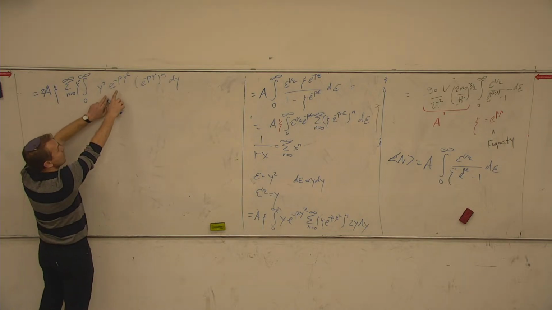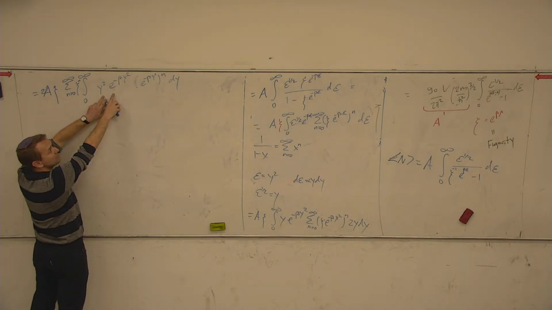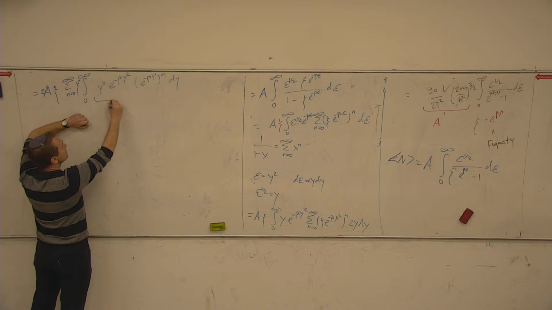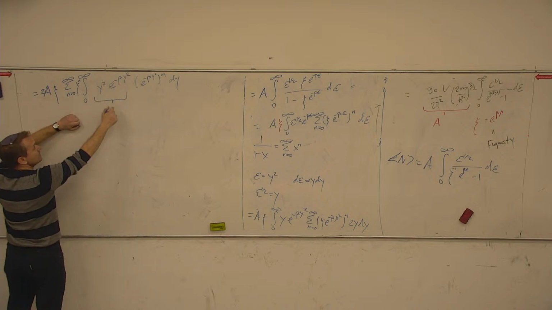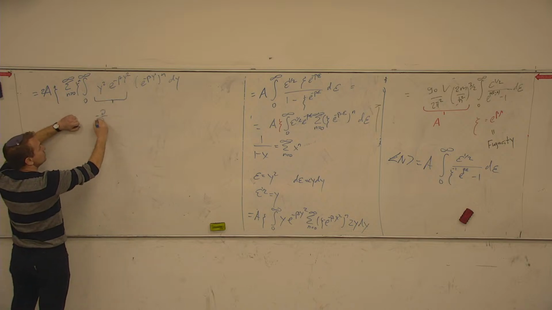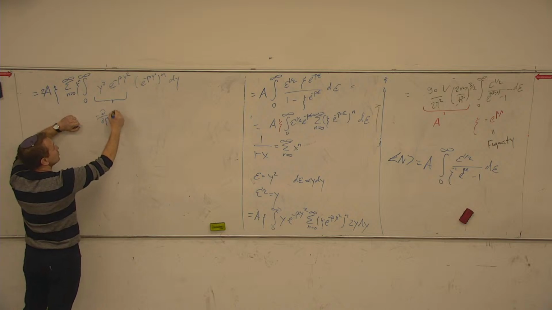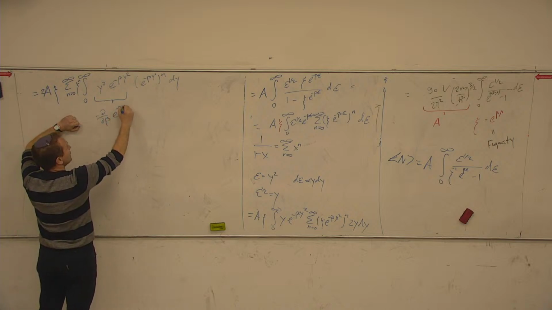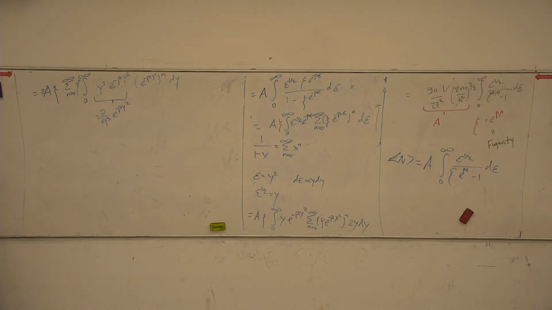Seems okay. Now I again try to perform the Feynman trick, because I look at this and I say this is minus d over d beta of e to the power minus beta y squared.